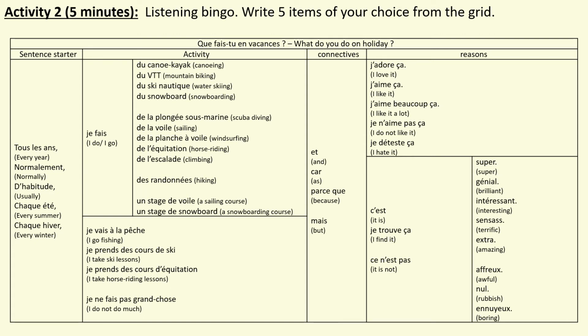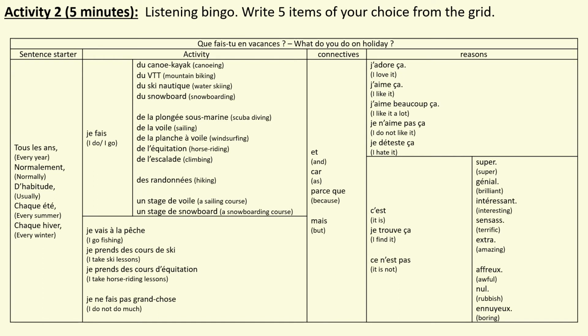Don't just write "je fais". Third box, pick a connective. And the last section, "j'aime ça", for example, or "je déteste ça", or "c'est super", "c'est extra", "je trouve ça intéressant". So try to have a variety of items in your exercise book, but no more than 5.